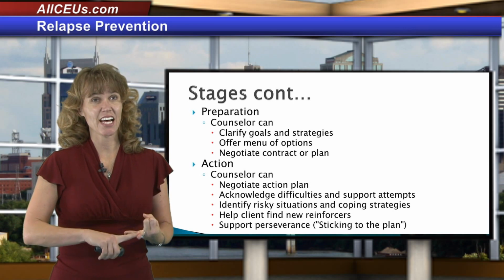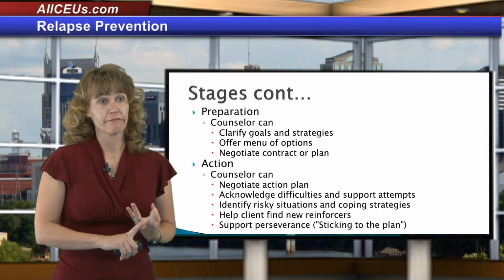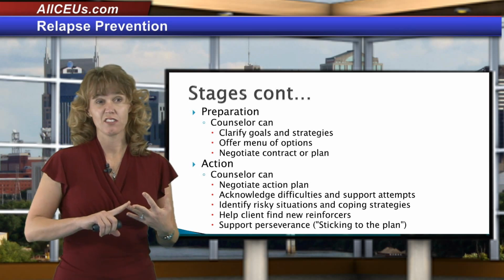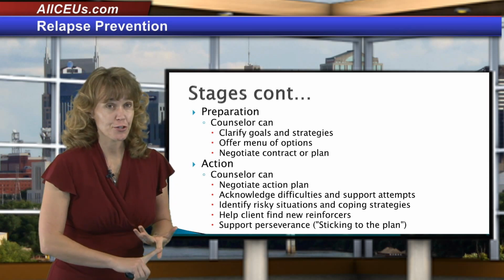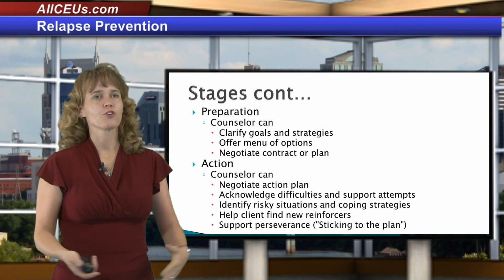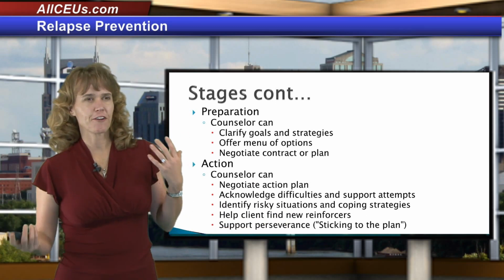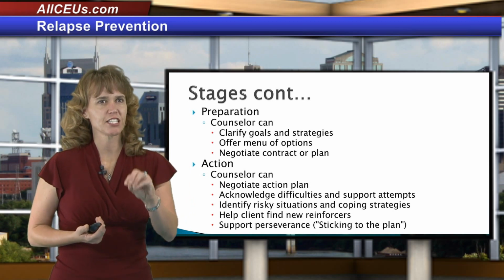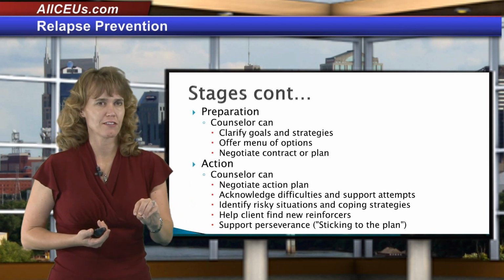Depression, anxiety, or mania. Lack of sleep, poor nutrition, stress, being around certain people. There's a lot of different factors, but help the client identify what the risky situations and the triggers are for them.